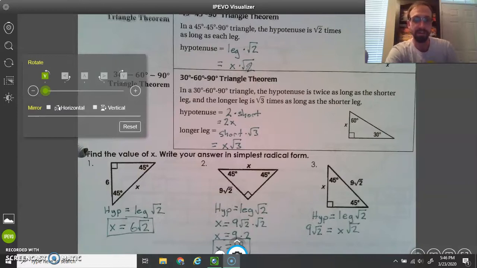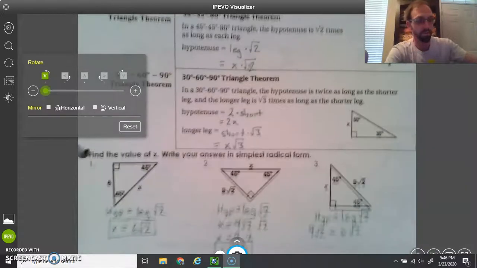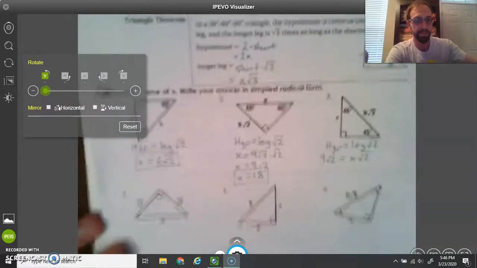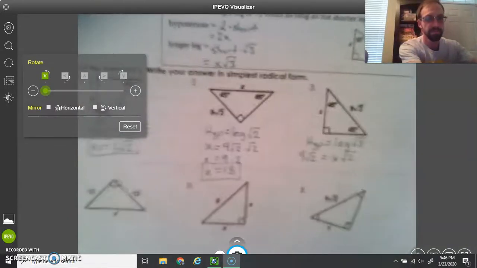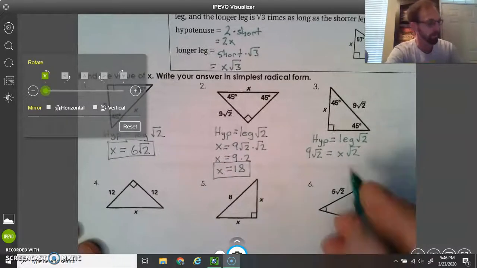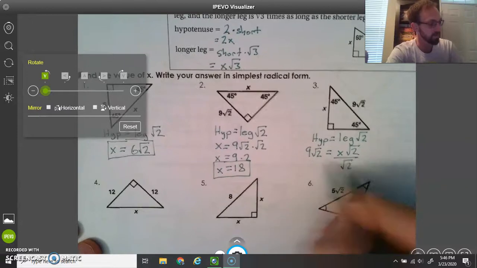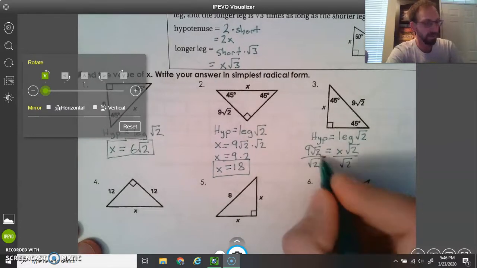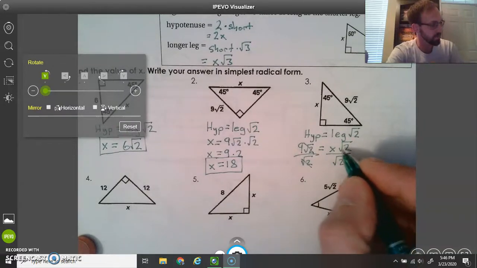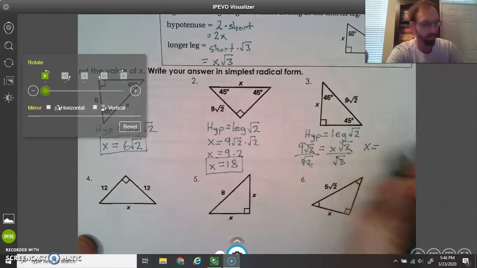To get it by itself, we want to divide by square root of 2 on both sides. So now we have x equals 9.